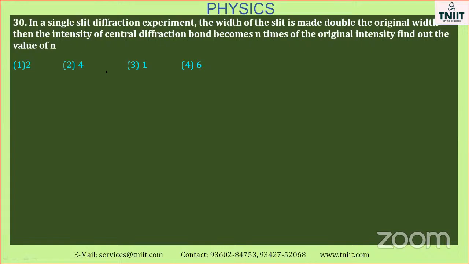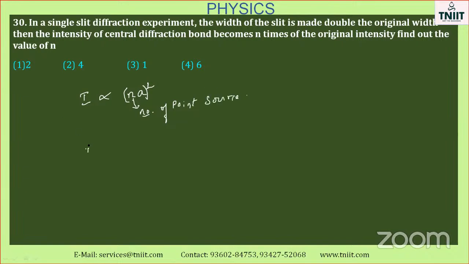Now you know that intensity is directly proportional to the amplitude square. Let us say initially the number of point sources is n, so intensity is n squared times amplitude square. So what does n represent? N represents the number of point sources.